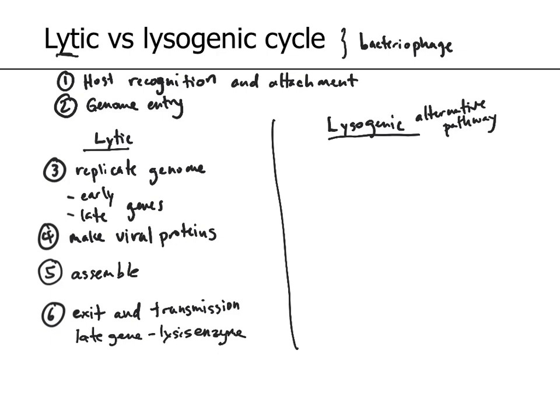So for bacteriophages that are temperate, that can go through this cycle, they can pick which way they want to go. And so instead of just having it go straight from here to here, we'll call this 2A. And so it's going to integrate into the host genome. This is where now it's called the prophage, right?